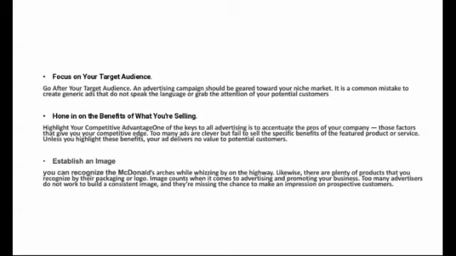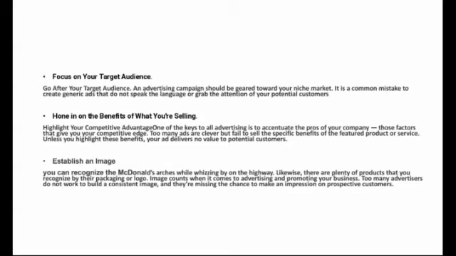Then next is establish an image. You can recognize the McDonald's arches while whizzing by on the highway. Likewise, there are plenty of products that you recognize by their packaging or logo. Image counts when it comes to advertising and promoting your business. Too many advertisers do not work to build a consistent image, and they are missing the chance to make an impression on prospective customers.